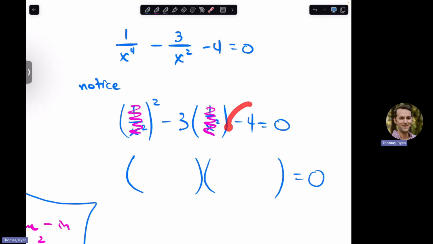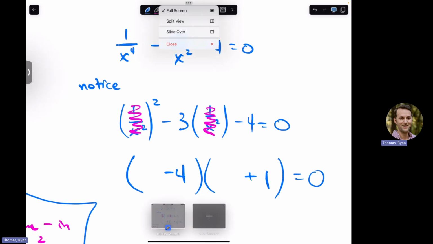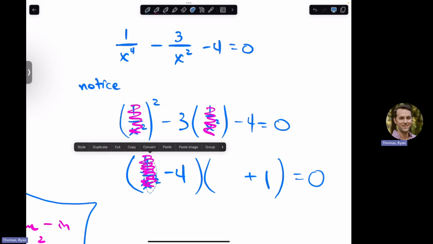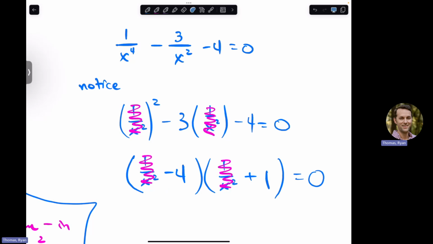which things multiply to -4 and add to -3? -4 and +1 would work. And then this thing factors in terms of 1 over x squared, just like that.